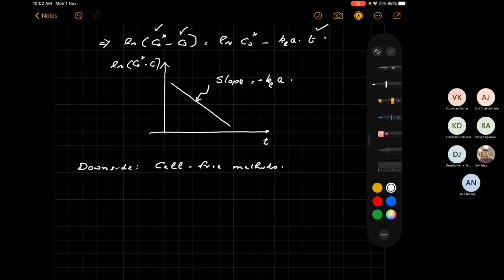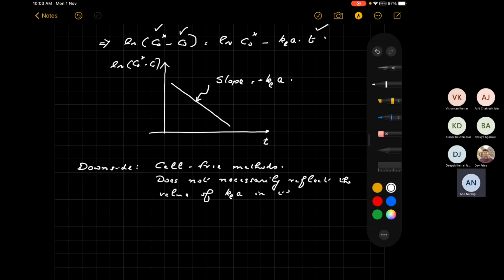But the bottom line with cell-free methods is that they do not necessarily reflect the value of KLA in the reactor when it has cells.